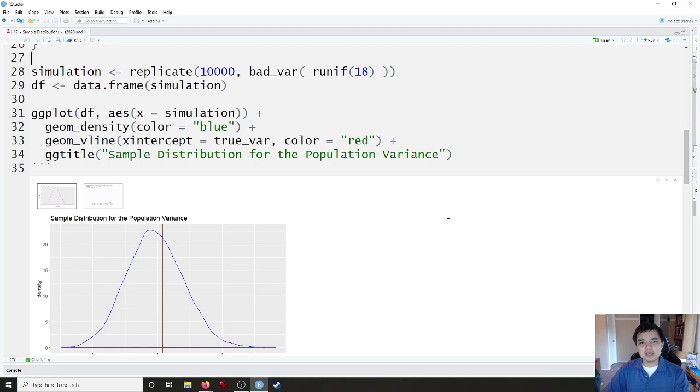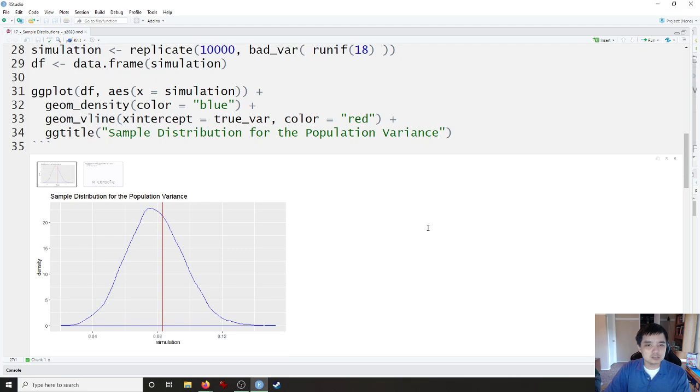So when we grab 18 numbers at a time and take the variance of those, we're doing that over and over again. And this blue curve here, that's what's called the sampling distribution.